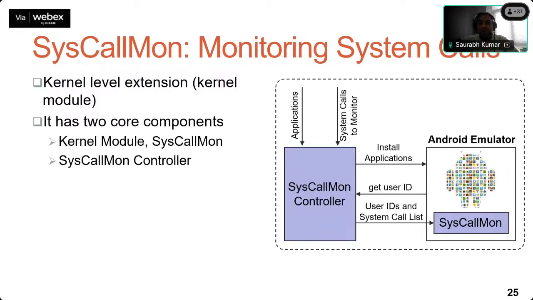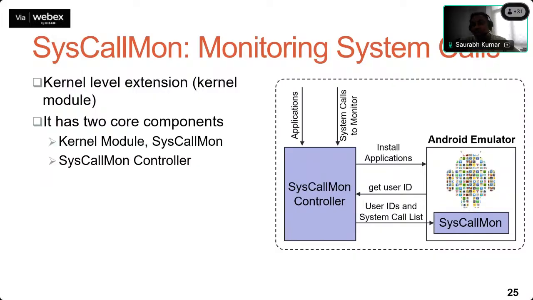It generally has two different modules. One is the kernel module itself, called syscallmon, and the second is the syscallmon controller. The task of the syscallmon controller is to configure syscallmon on which application we want to apply this, and what system calls we want to monitor.